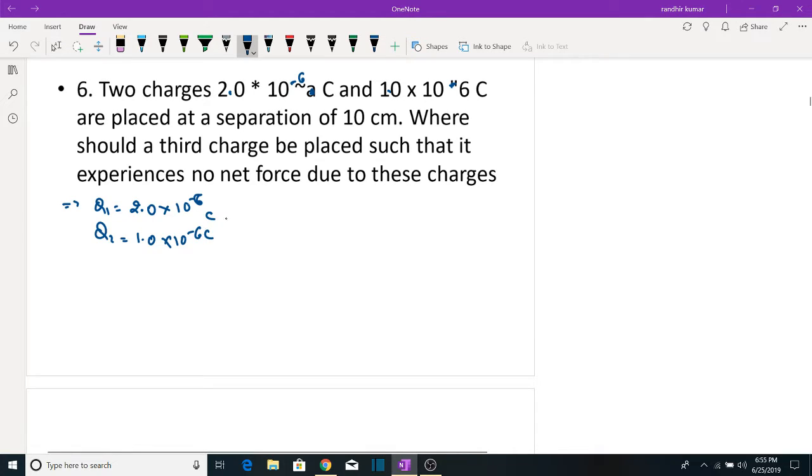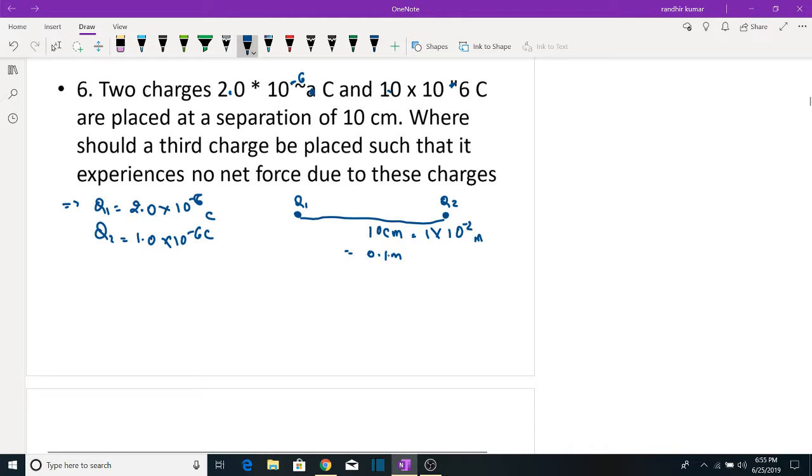Two charges separated by a distance. Let us draw a diagram for charge Q1 and Q2 separated by a distance of 10 centimeter, or 1 into 10 to the power minus 1 meter, that means 0.1 meter.